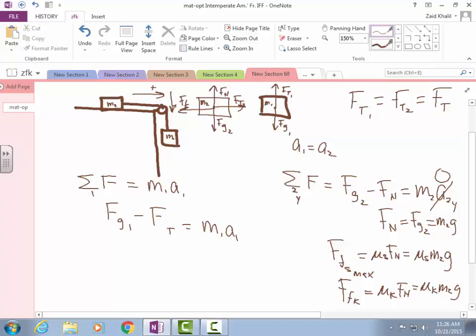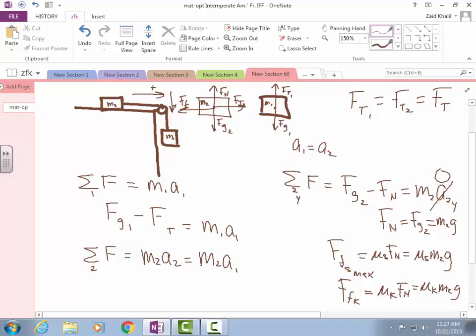Now we write Newton's second law in the horizontal direction for M2. And what do we have? Net force on 2 in the x direction, but let's not really distinguish it. It's M2A2, but that's equal to M2A1, correct? In other words, what did I just sub in?